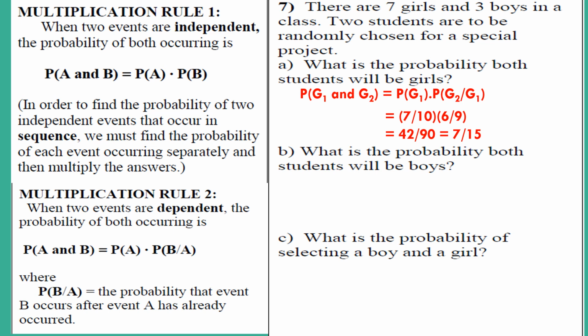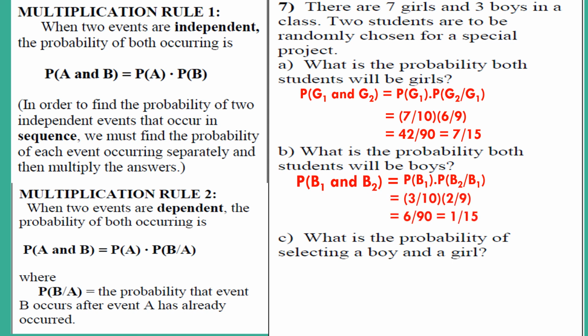What is the probability that both students will be boys? So, the probability that the first is a boy and the second is a boy equals the probability that the first is a boy times the probability that the second is a boy given that the first was a boy equals 3 over 10 times 2 over 9 equals 1 over 15.